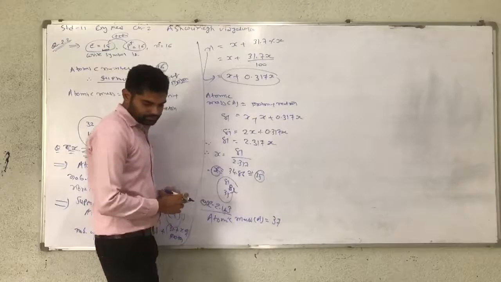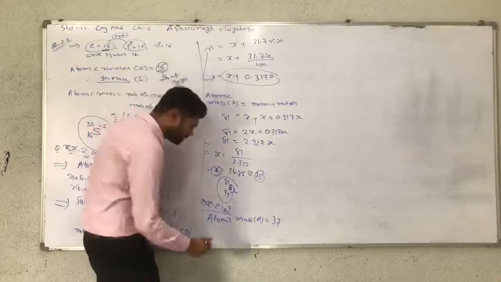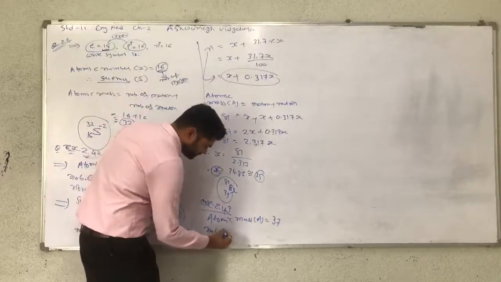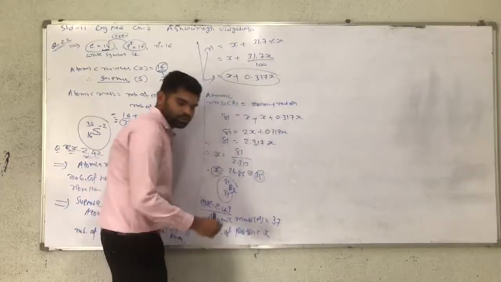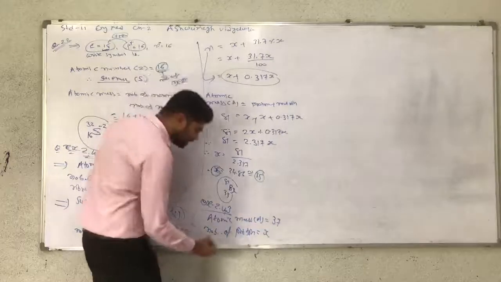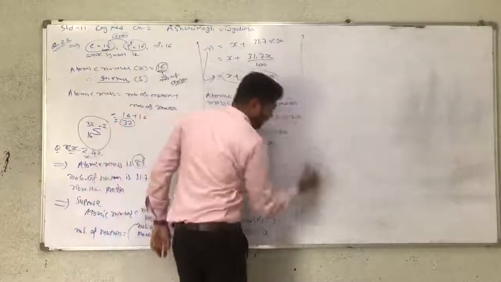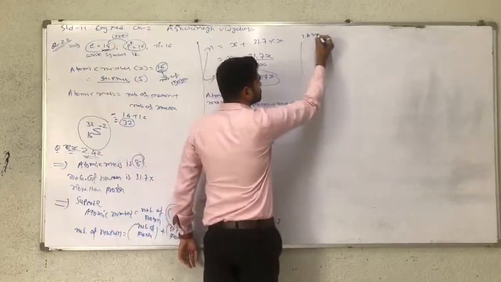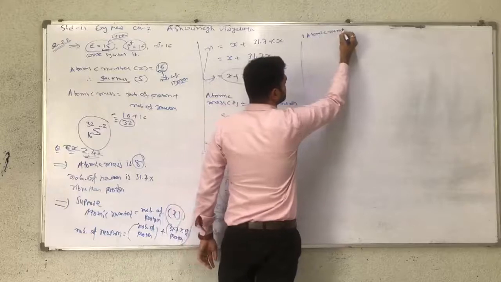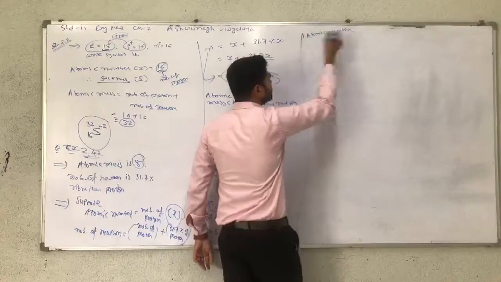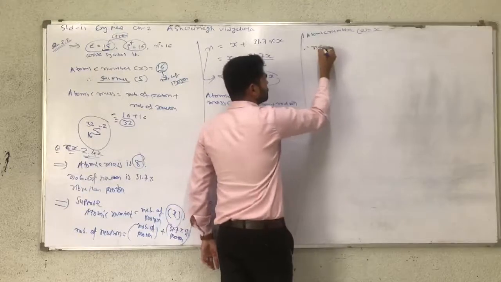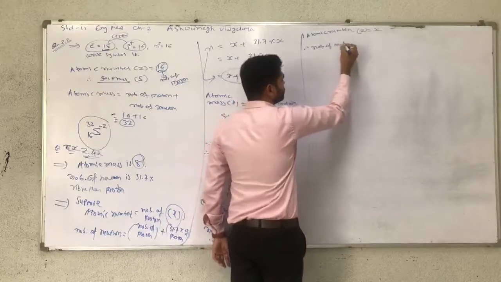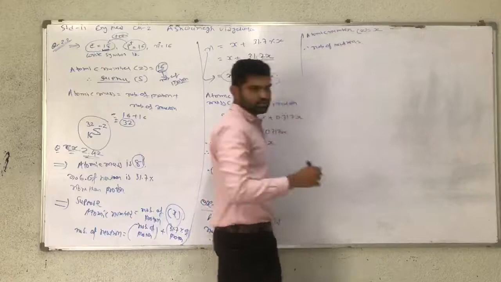So assume similarly the number of protons is equal to X. Therefore atomic number Z is equal to X.